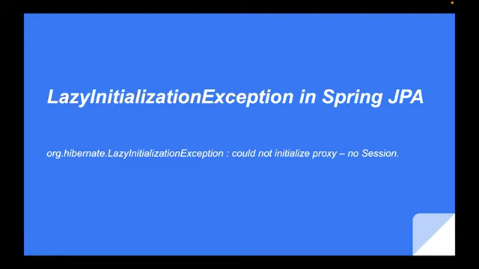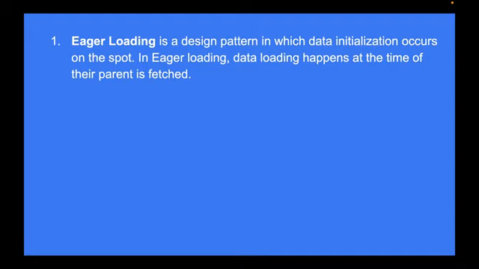Before that, I would like to discuss what eager loading and lazy loading are. Eager loading is a design pattern in which data initialization occurs on the spot. That means in eager loading, the child data is loaded at the time the parent is fetched from the database.